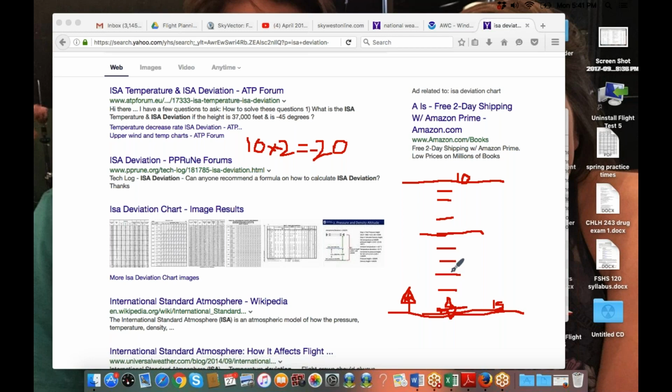So minus 2, 4, 6, 8, 10, 12, 14, 16. I missed a line somewhere. Did I? No? Okay. So minus 20. And then we're going to find what the difference is between that and 15. So our standard temperature, our ISA at 10,000 feet is going to be negative 5 degrees.